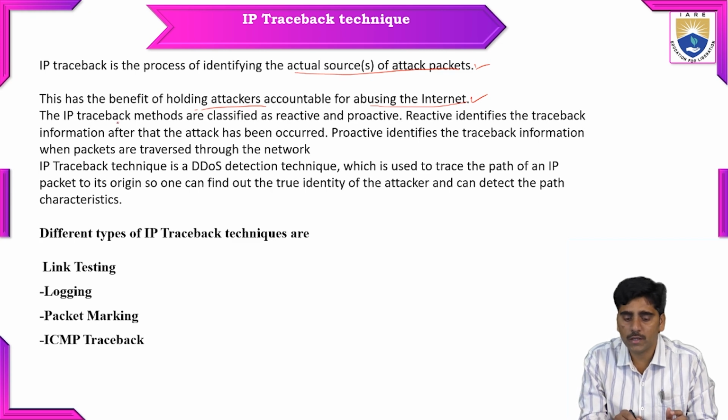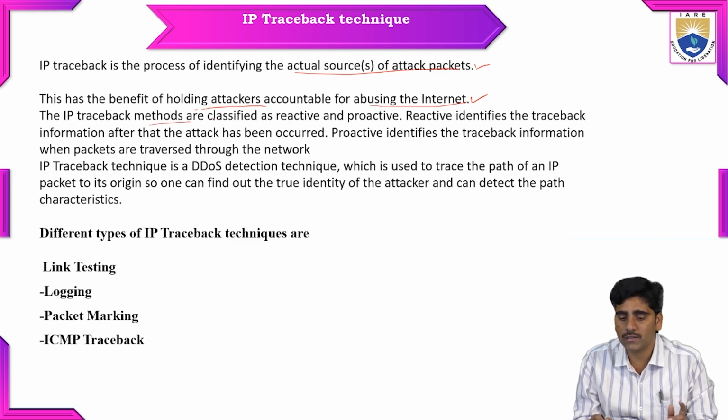The IP traceback methods are classified into a reactive method and a proactive method. The reactive method identifies the traceback information after the attack has occurred. Reactive means that after the attacker is identified, they can take action against that attack.